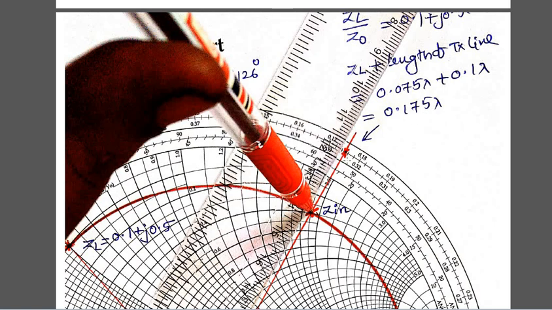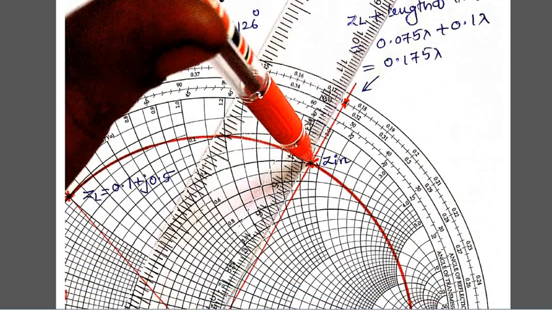If you join this point to the center, that will cut the VSWR circle at Z in. This one is ZL with a difference of 0.1 lambda, so you are going to reach Z in.